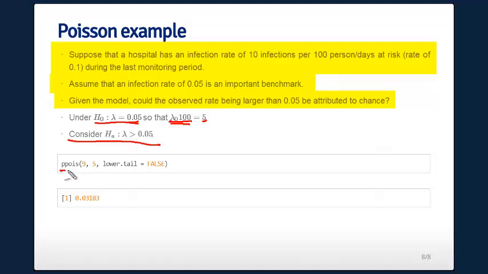So we would do our Poisson probability of getting more than 9 with a rate of 5. We use 9 because it calculates the probability with strictly greater than, so this will count 10, 11, 12, and so on. That gives us a probability of 3%. So if it was a one-sided test, we would reject. If it was a two-sided test, you double the smaller of the two one-sided hypothesis tests.